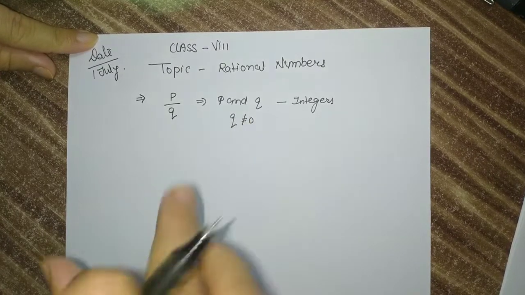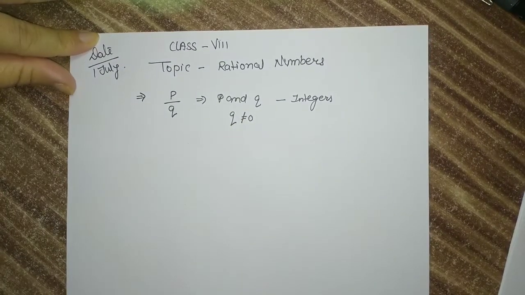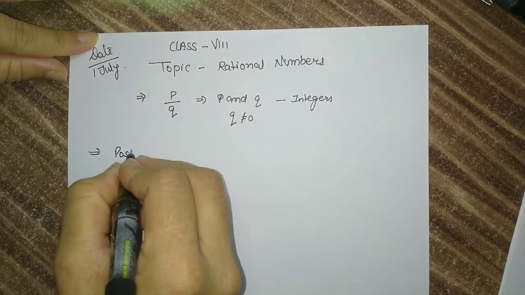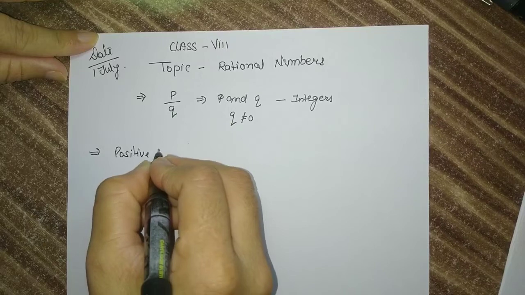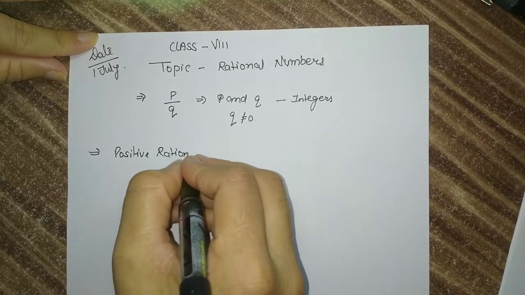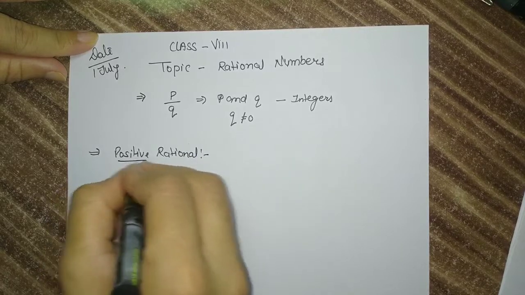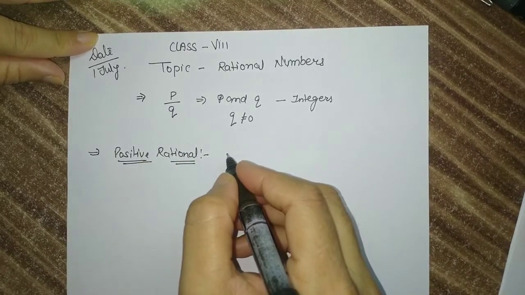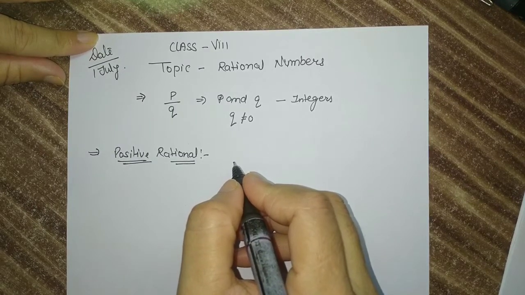Now after this we are going to discuss some terms of rational numbers. First, positive rational number. What are positive rational numbers? A positive rational number means the numerator and denominator both have the same sign.